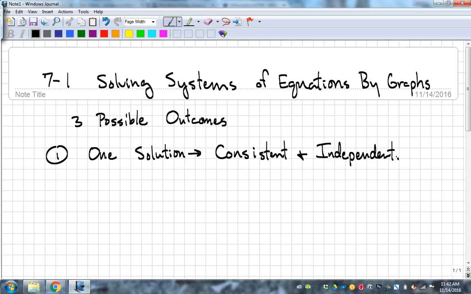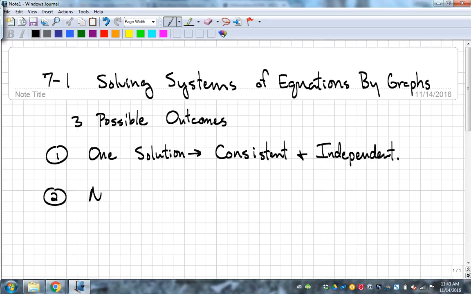One solution is also called consistent and independent. Those are kind of the more math terms for one solution: consistent and independent.